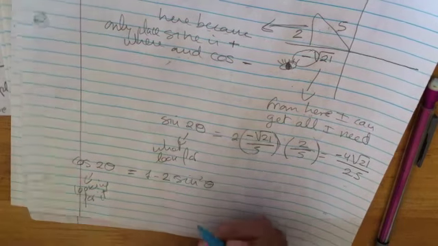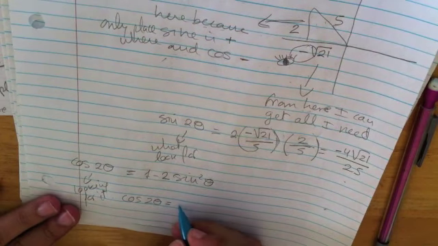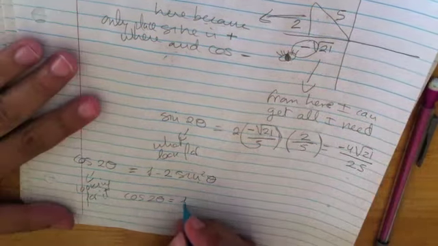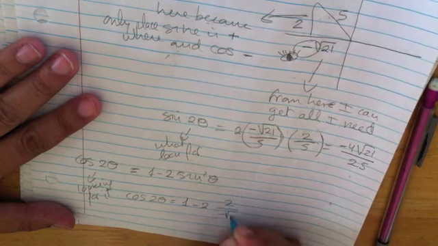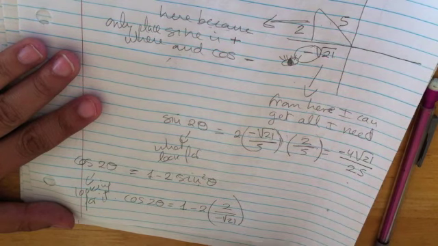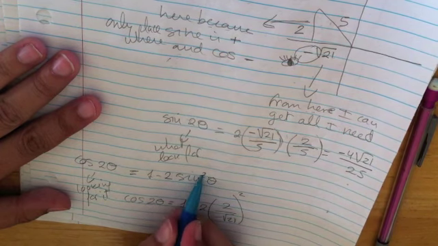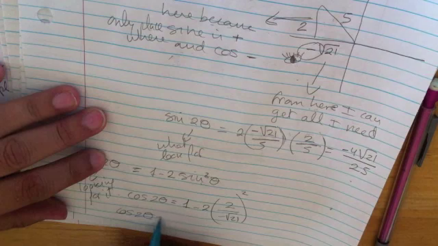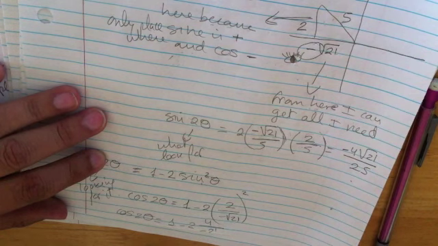Then the cosine of 2 theta is equal to, well, I get the sine from here. The sine of theta is y over the hypotenuse. That's positive.